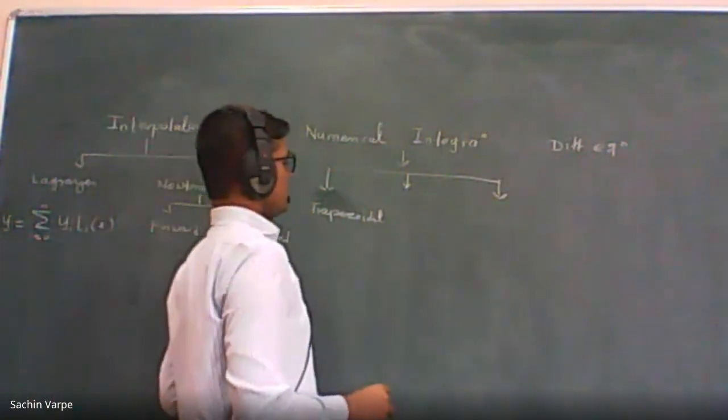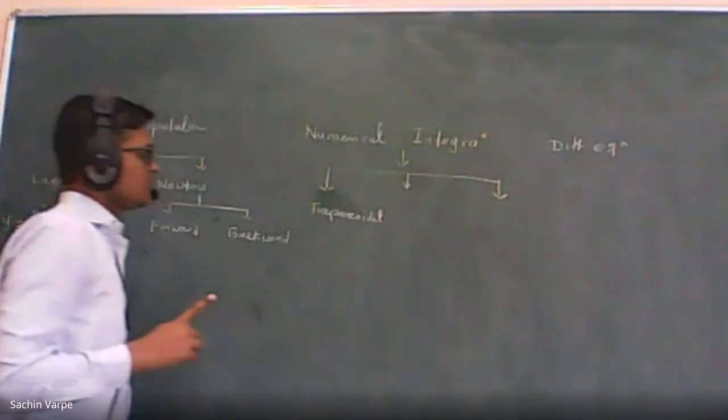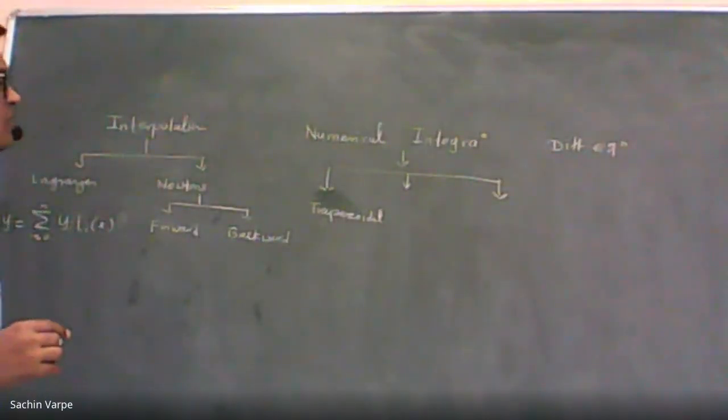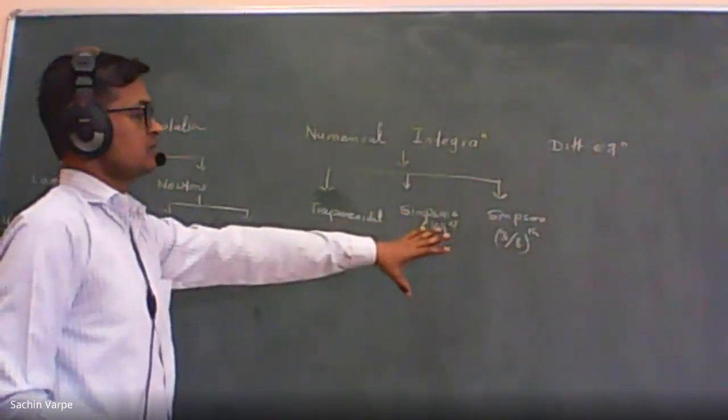Then trapezoidal or Taylor series, I think trapezoidal, isn't it? Sir, trapezoidal. Trapezoidal, sir. And then Simpson's 1/3 rule and Simpson's 3/8 rule we have discussed, right? So we have the three formulas for trapezoidal, Simpson's 1/3, and Simpson's 3/8.